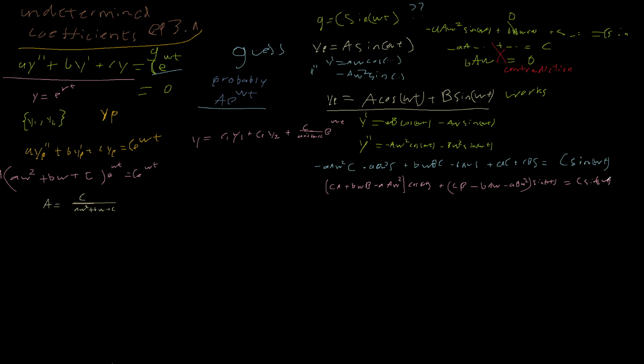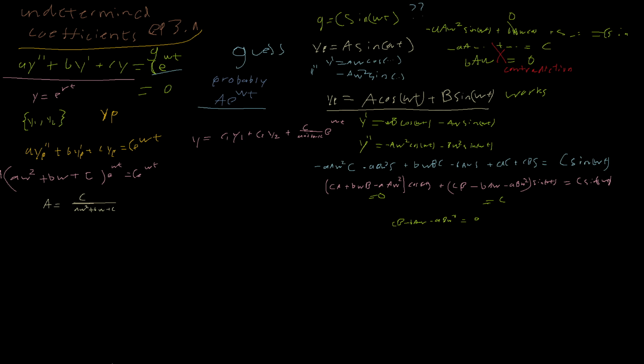So now we get a different system of equations. This is equal to 0 and this is equal to c. So we can write this out again: C B minus B A omega minus A big B omega squared equals 0.